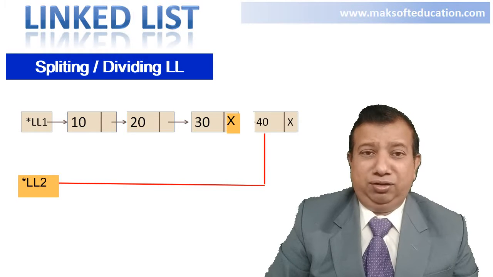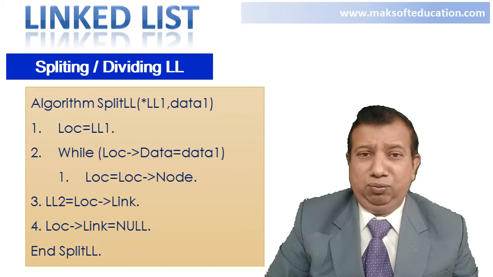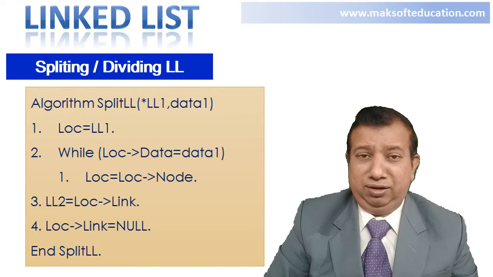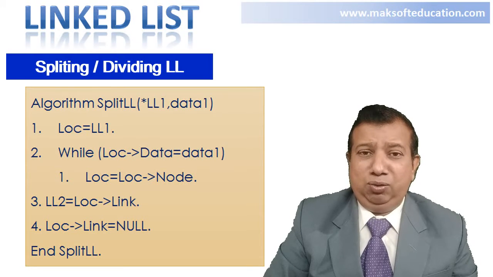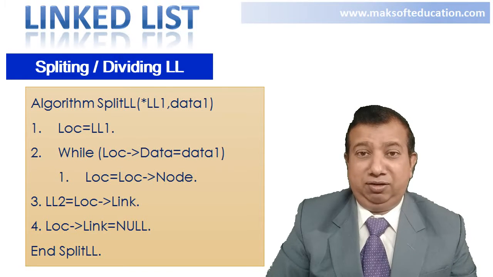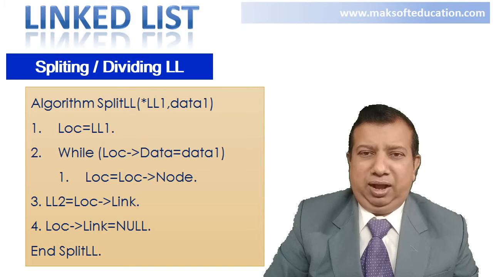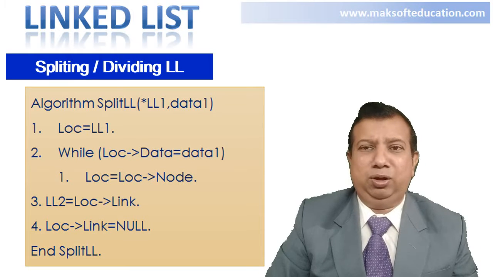Let us try to understand its algorithm. Let us say SplitLL is the algorithm title. Here we are passing only one linked list, which is the address of one linked list, LL1. And we are passing another variable, data1. Data1 indicates the data where we want to split the linked list. As we discussed, create another variable LOC and copy the LL1 first node into LOC.